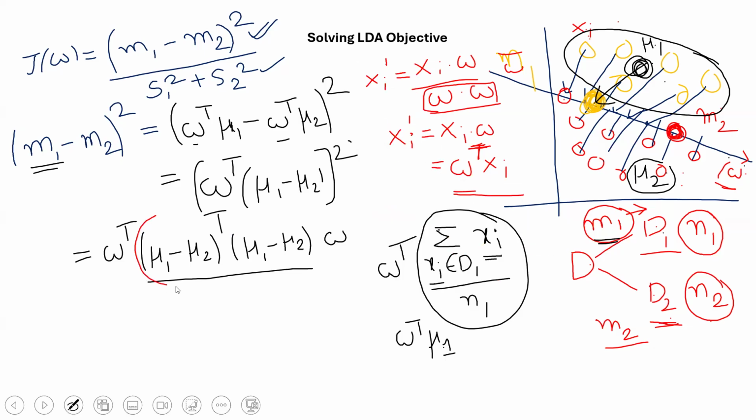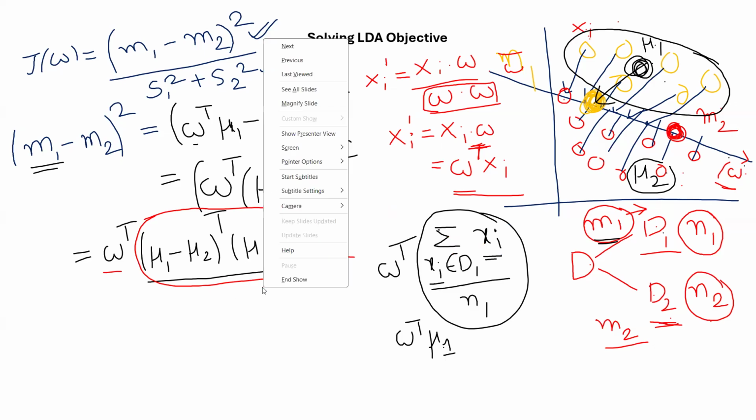So this is the mu1 minus mu2 whole square. W transpose into W is just equal to W square in matrix notation. So I represented this in matrix notation now. Now I'll simplify this into a different equation.